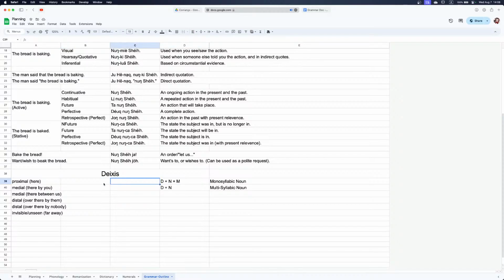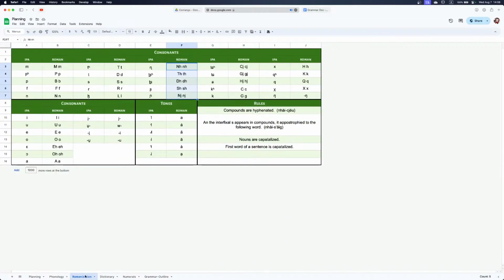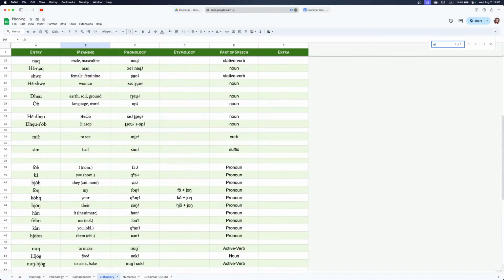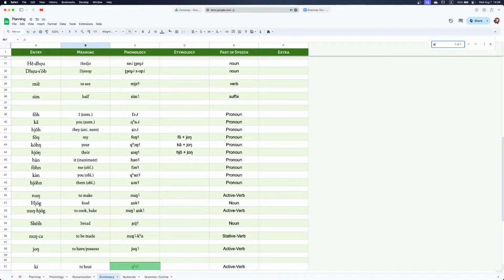Let's see, how am I going to do this? Gonna need some words to use. Is qi being used?